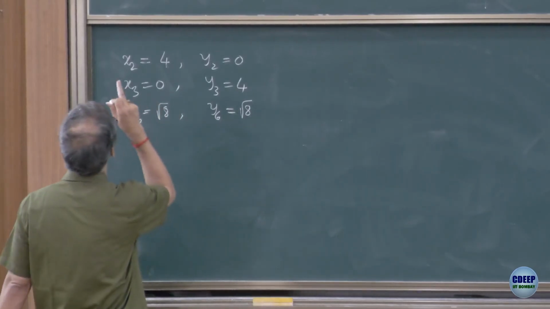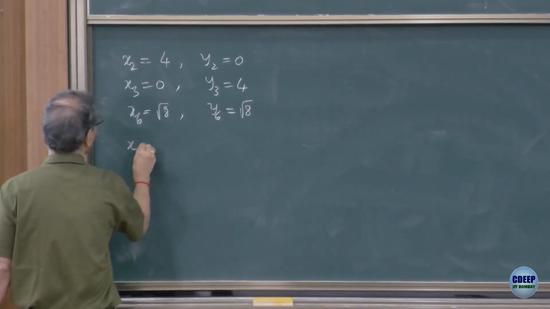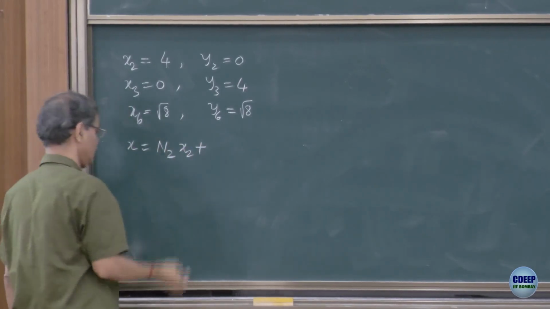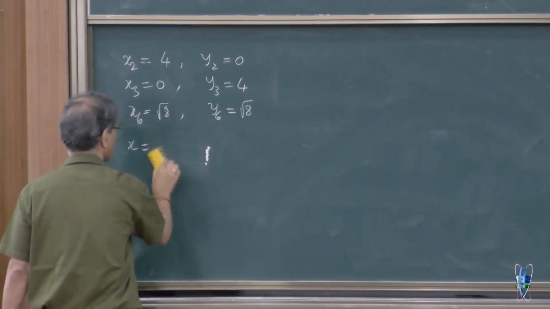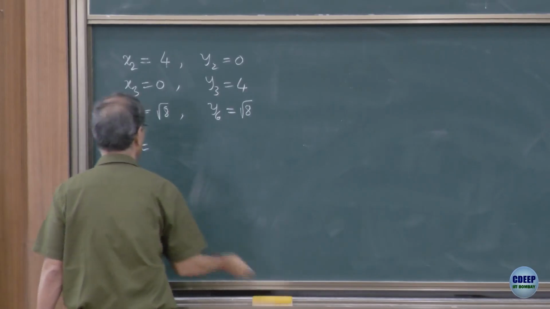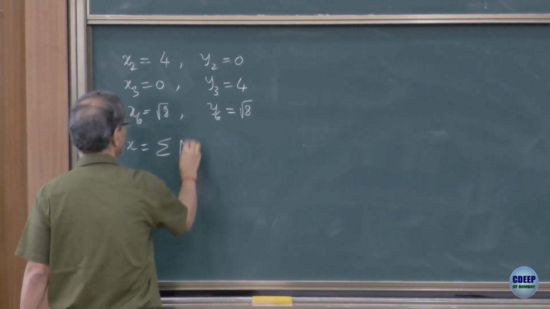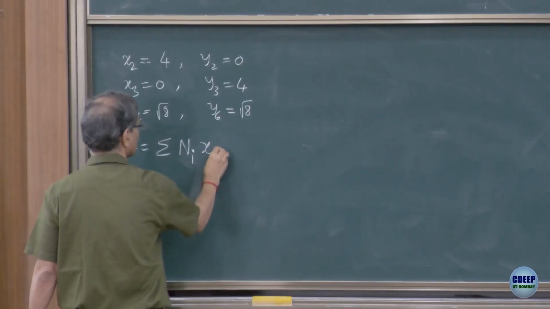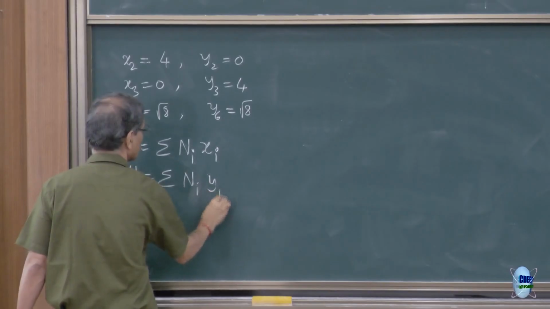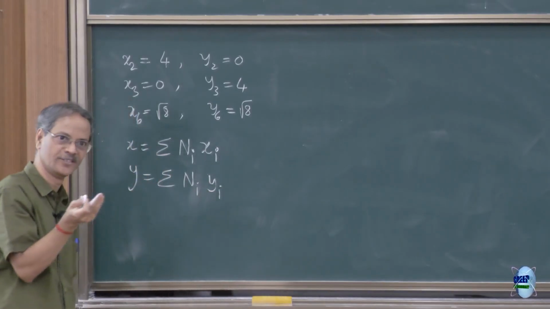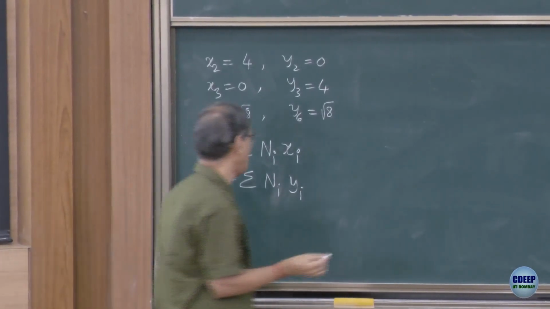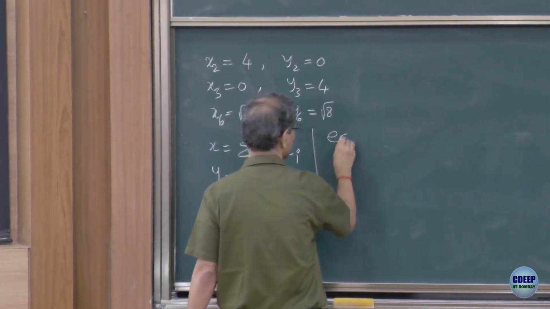Now use x is sigma Ni xi, y is sigma Ni yi, but on this edge all others are 0, correct? So edge 236.